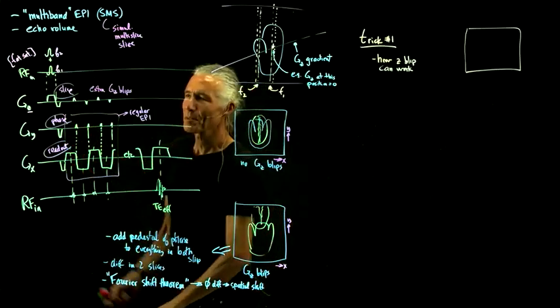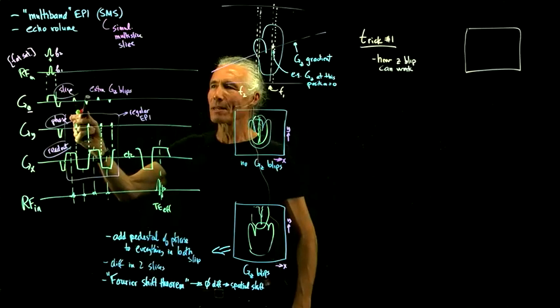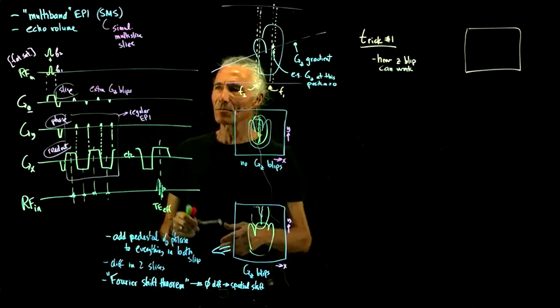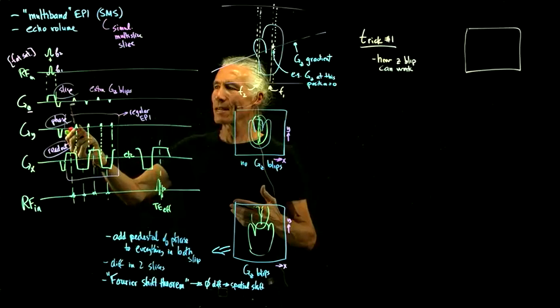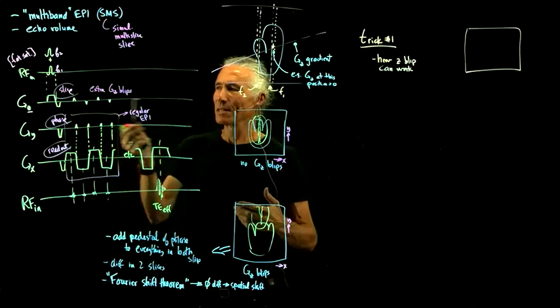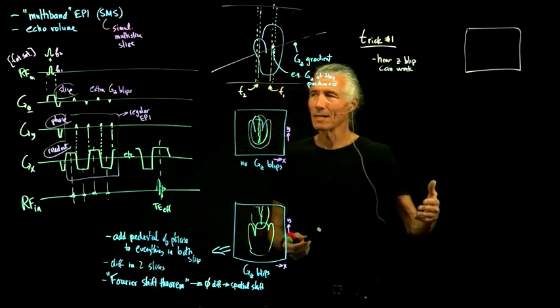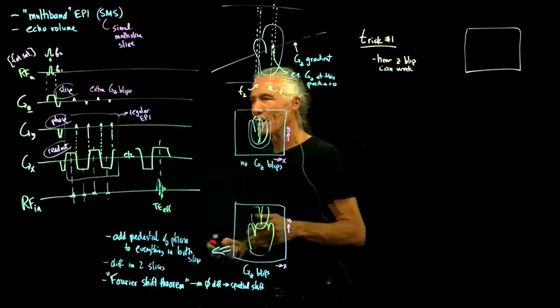The problem is if we kept doing it in the same direction, we would slowly build up stripes in the z direction and kill our signal. If we did 128 of those all in the same direction, you'd eventually end up with 128 stripes in the z direction, and that would wipe out your signal. So we have to go back and forth.